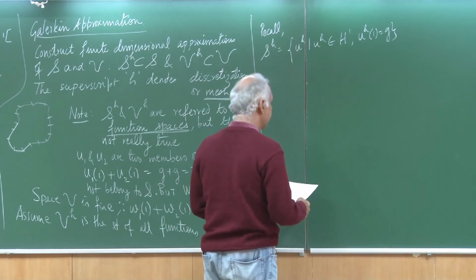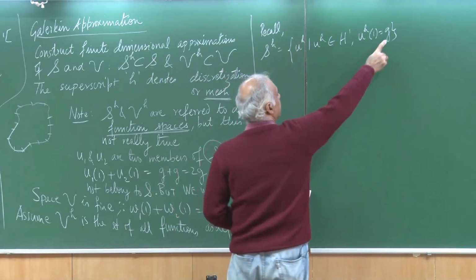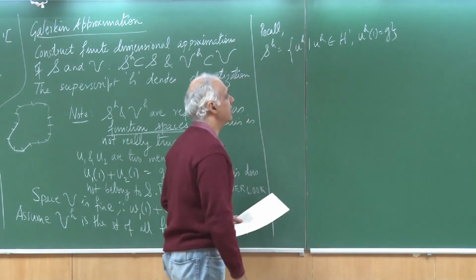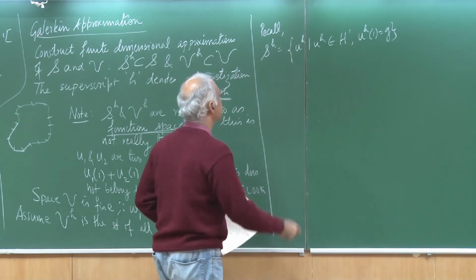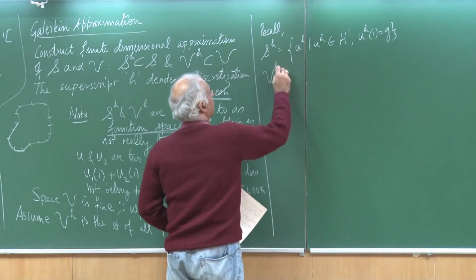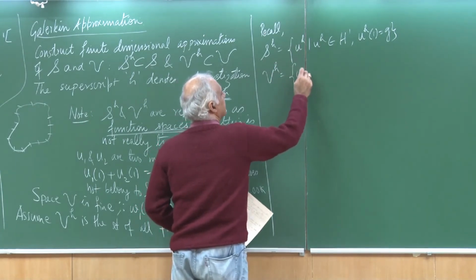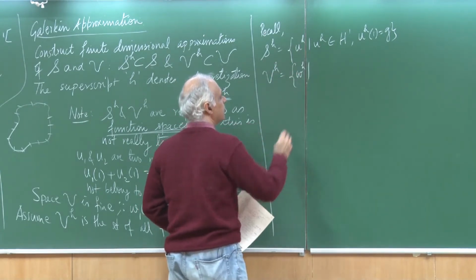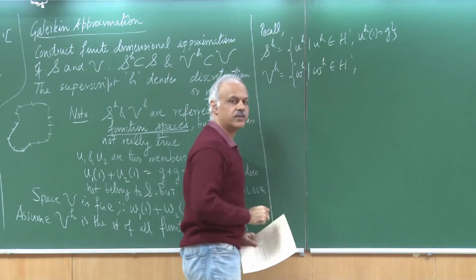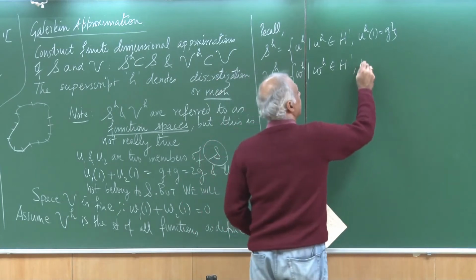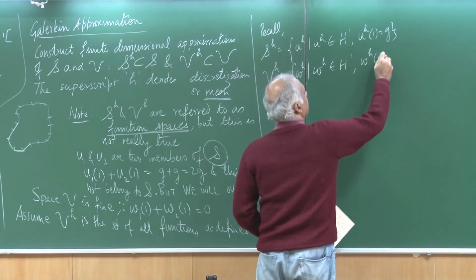If you want, I can approximate the boundary value also, but I will not do that right now. We will have to do that in 2 dimensions. VH is the set of all these functions wh which have the same continuity requirement, and then wh at 1 is 0.